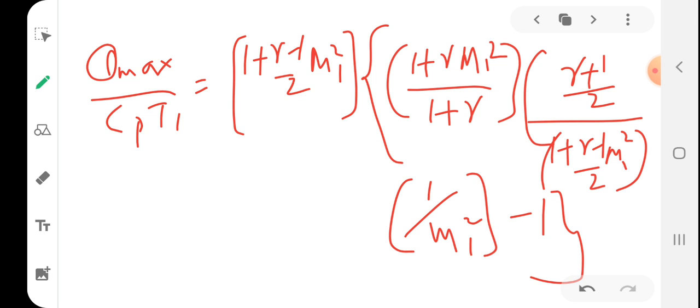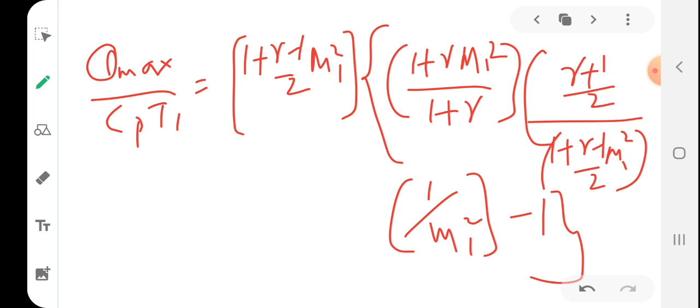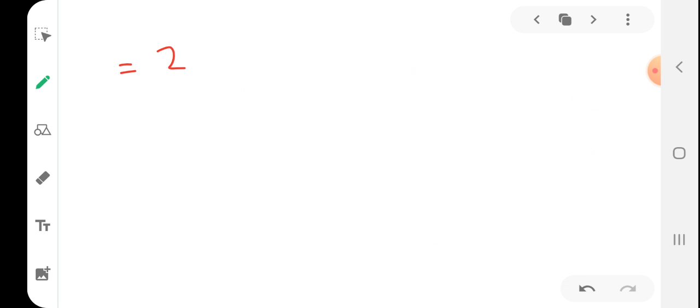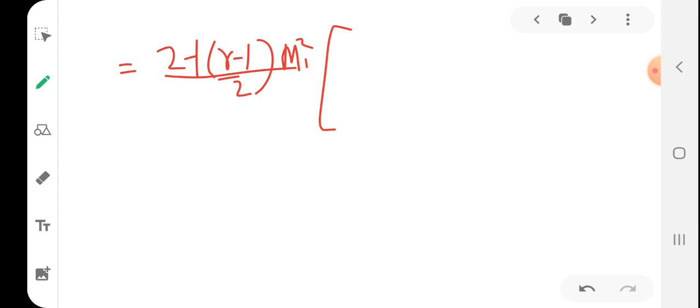So you can rearrange this equation: you take this 2 to here, so it will become 2 plus (gamma minus 1) by 2, whole divided by 2 M1 square, into again (1 plus gamma M1 square) by (1 plus gamma).